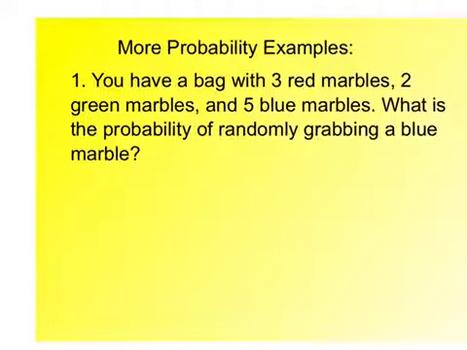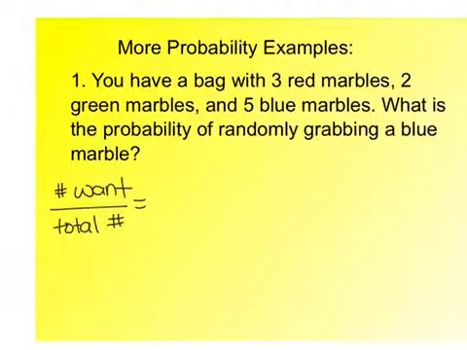So let's look at our first example then. We have a bag with 3 red marbles, 2 green marbles, and 5 blue marbles. We want to find the probability of randomly grabbing a blue marble. So remember, we are doing the number of the things that I want, divided by the total number. So I want to grab a blue marble. In this bag, I have 5 blue marbles.